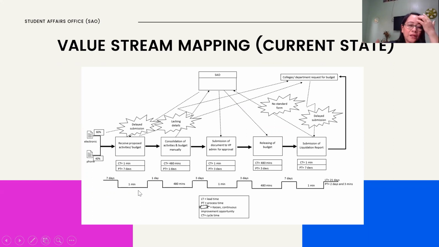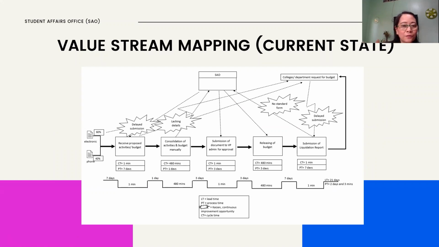And down below here are what we call the cycle time. The cycle time is the estimated time of the execution of each process. So at the end of the line, above is what we call the lead time, and below is the process time, the total process time.